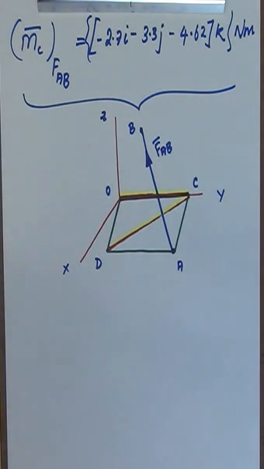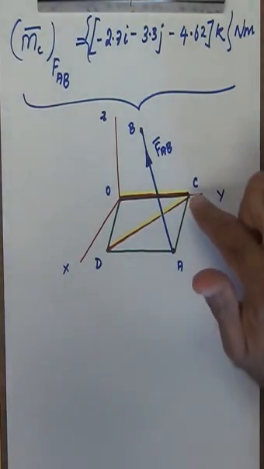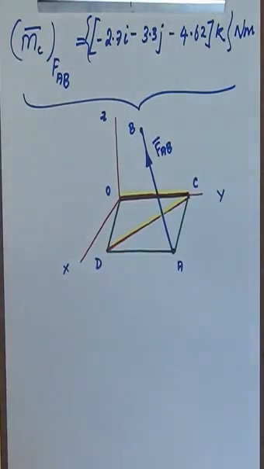How does that get done? We already have a moment about a point on that line. Let's consider, for example, the hinged axis, which is the line OC. I already have a moment about a point on that line.